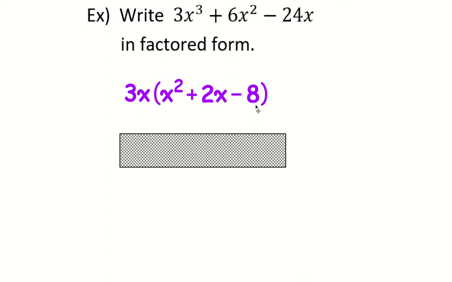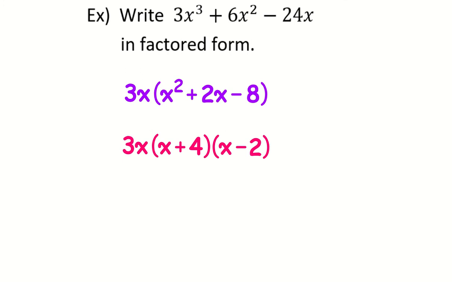The more I get into this, the more sure I am that I did mention this at least once. After you bring out a GCF, you always need to check to see if the bubble factor can be factored again. This time you would factor it by unfoil, and it turns out that x squared plus 2x minus 8 does unfoil.